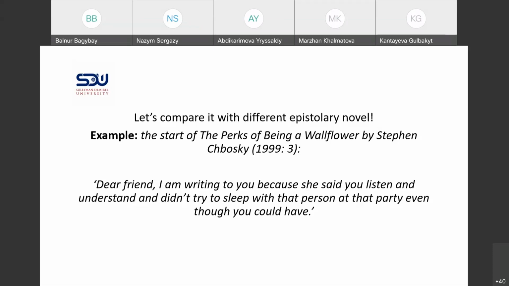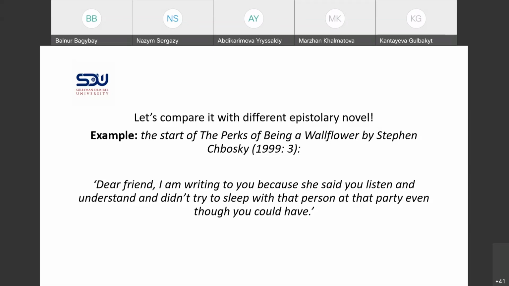Why so? If you have a look again at the start of The Perks of Being a Wallflower, you will find that the author used the colloquial register here. First of all, we notice that the vocabulary in that piece is restricted to common words, like listen, understand, writing to you, she said, he said, sleep, though, party. They're quite like everyday speech. They are not formal, they're quite informal, vice versa.